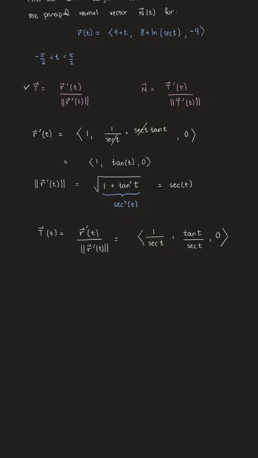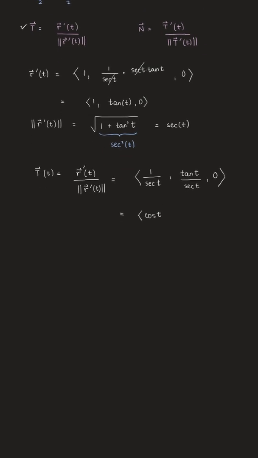Now, I'm going to rewrite this a bit. We know that 1 over secant is the cosine function, because cosine and secant are reciprocal functions. Tangent divided by secant, if I do it over here, tangent is sine t over cosine t. And I'm dividing by secant, which is 1 over cosine t.